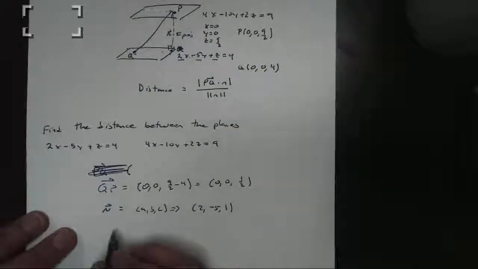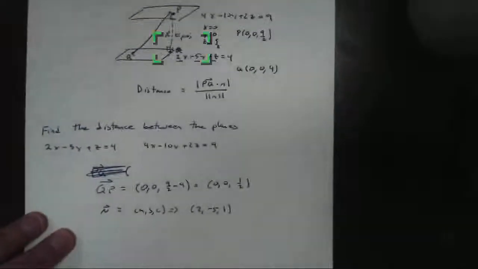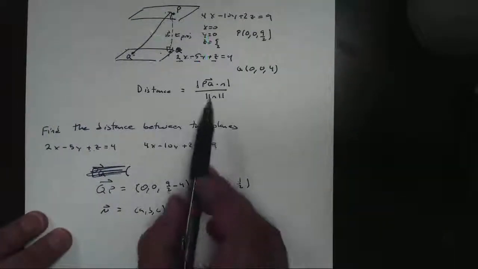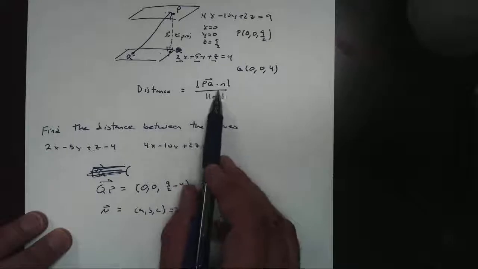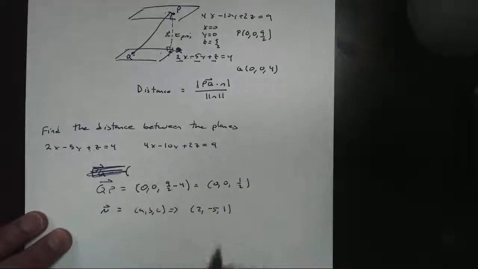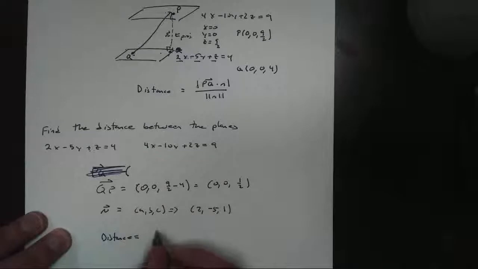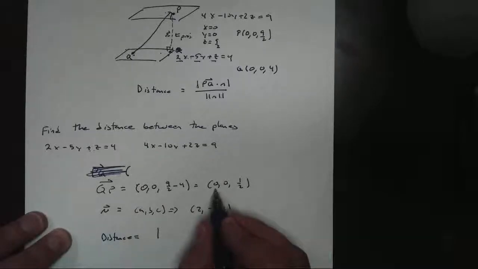Now we can just get the distance by using our formula. In an earlier video, we showed how to come up with this equation. Please take a look at that if you need to. So we're just going to plug it into our formula. The distance equals the magnitude of the dot product of QP and n.